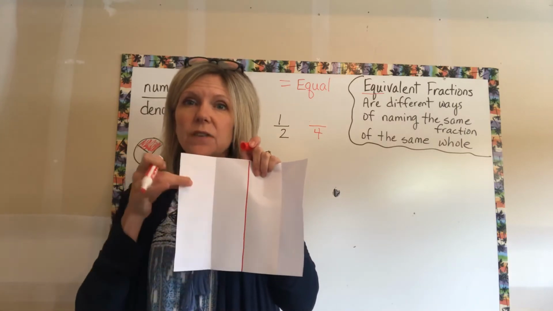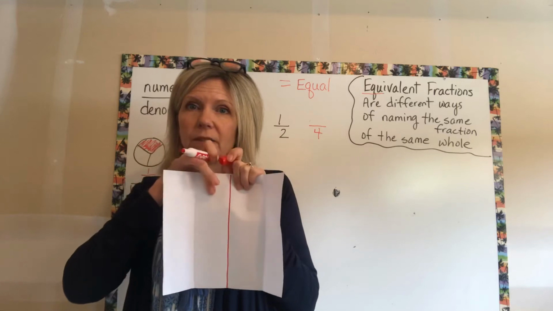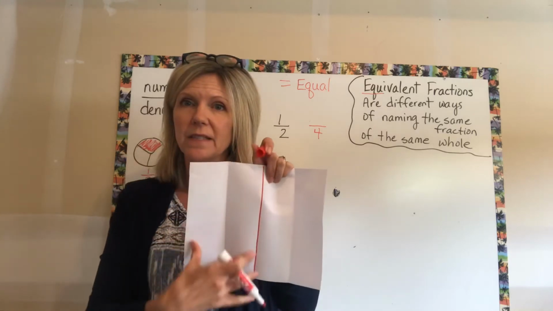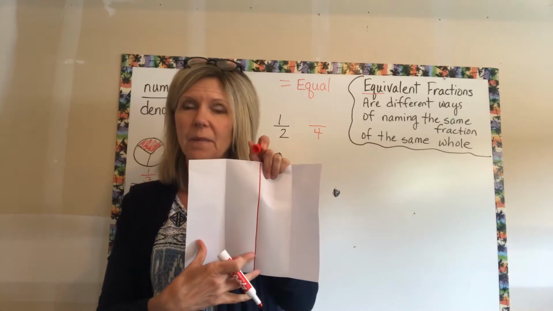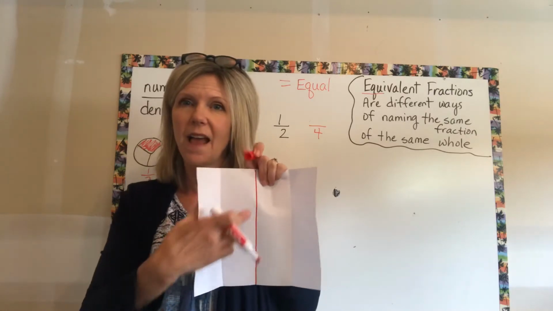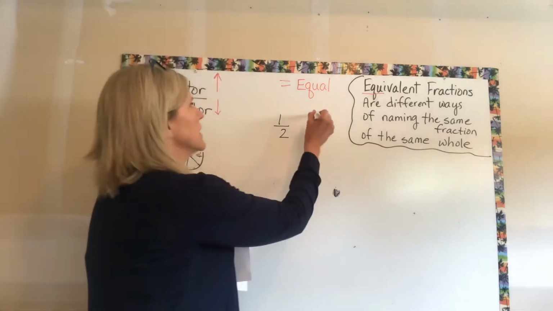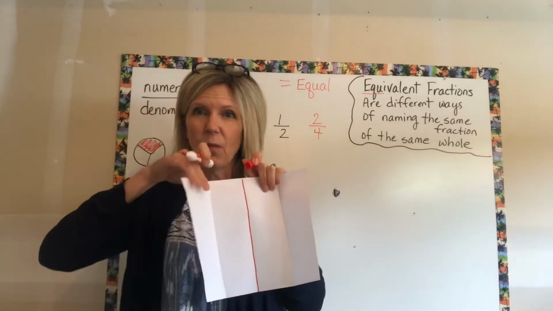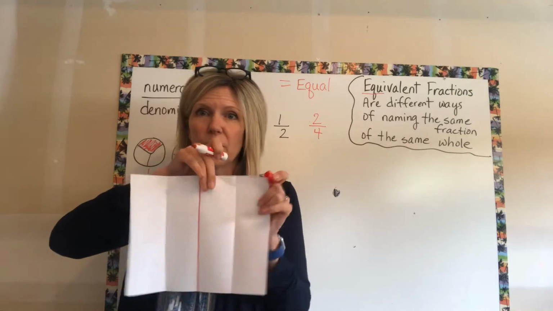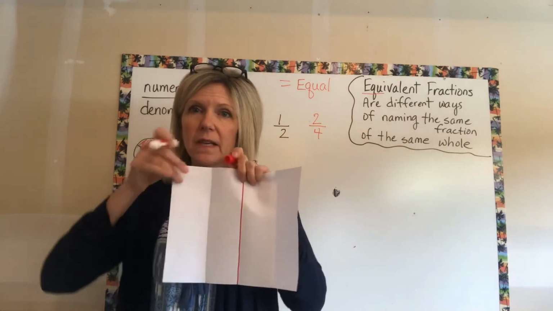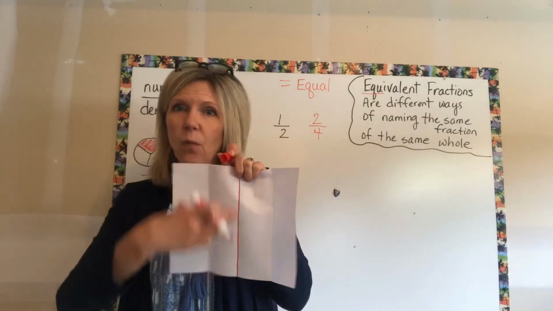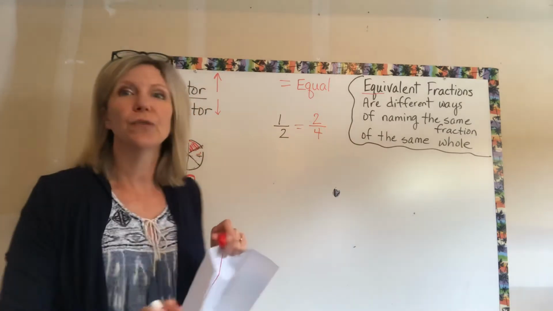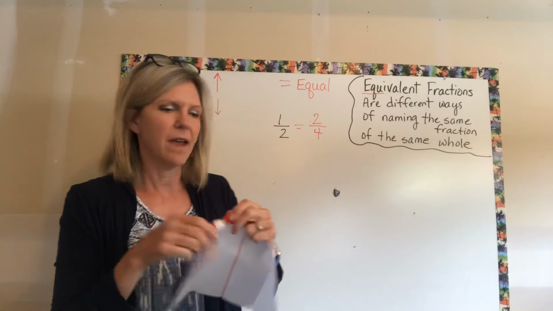Matthew, you got it. 2 of these. 2 of those pieces are the exact same as 1/2. Okay? So 2 of the 4 pieces, 1, 2, 3, 4. Remember, it's divided into 4 pieces. 2 of them is the same as the 1/2. So 1/2 equals 2/4.